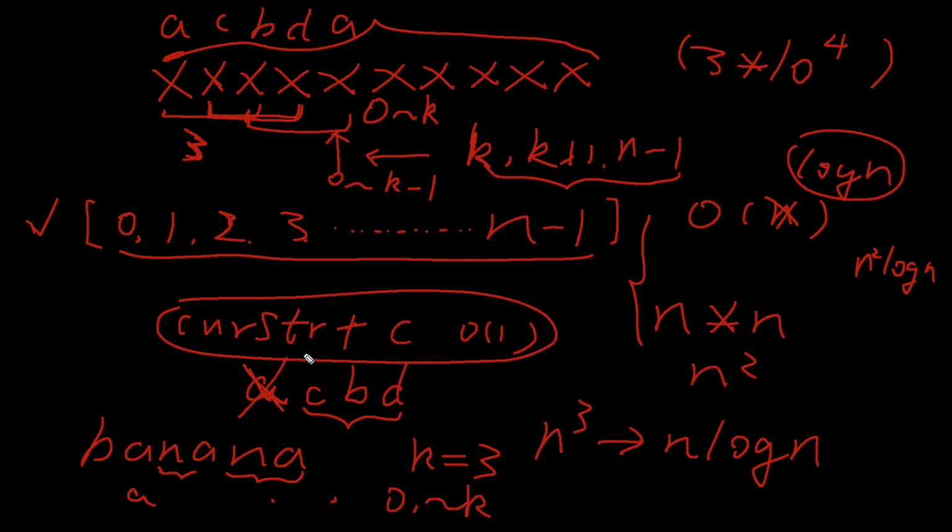So where did we spend this n here? Obviously the first n is unavoidable, because we have to scan through the entire string, but it's the second n that we can do something about. Where does the second n come from? Basically, it comes from the string manipulation.